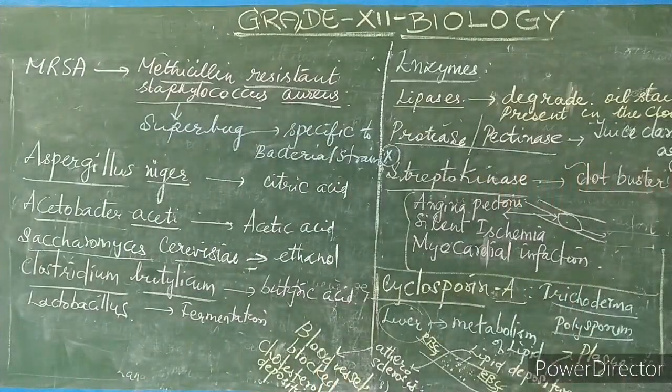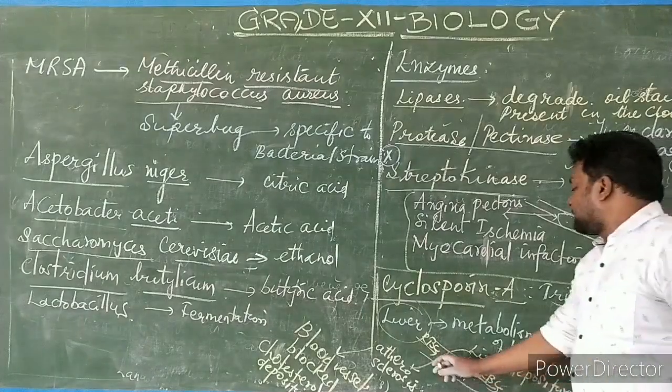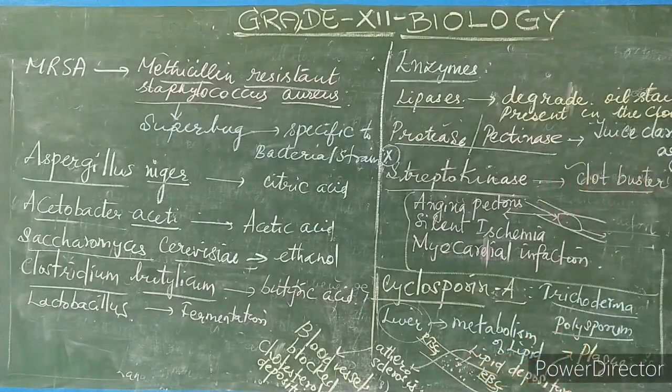So when cyclosporin is taken, what does it clear? The fatty or lipid depositions on the blood vessels. So it enables the liver cells to perform their metabolic activities in a proper way.